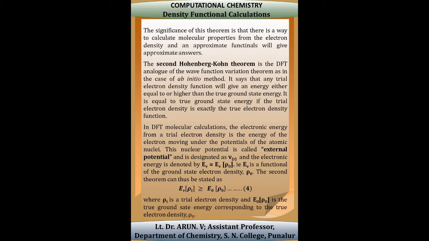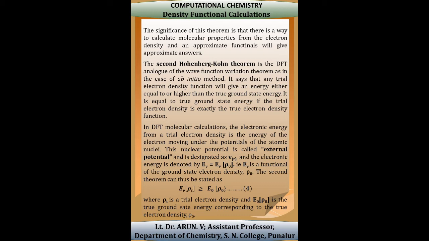It says that any trial electron density function will give an energy either equal to or higher than the true ground state energy. It is equal to the true ground state energy if the trial electron density is exactly the true electron density function.